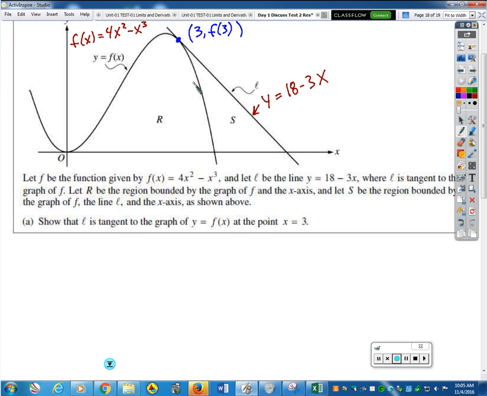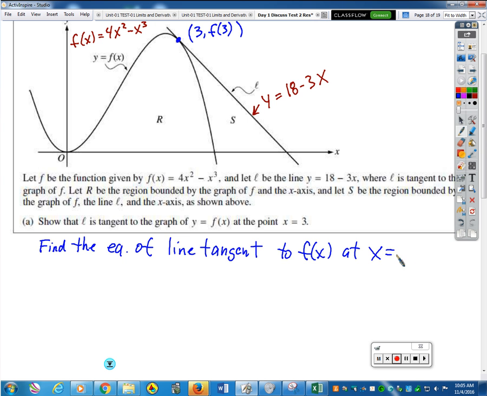In fact, I would like you to write that either on this paper or in your notebook. This literally means find the equation of the line tangent to f at x equals 3. That's specifically what they're asking.